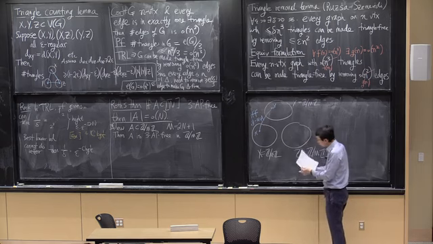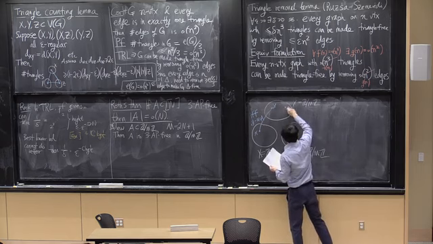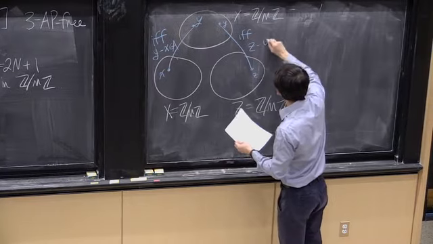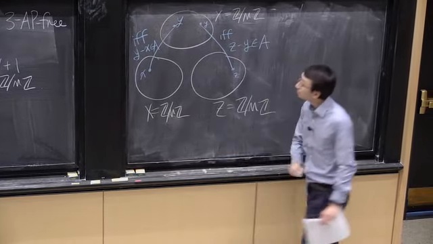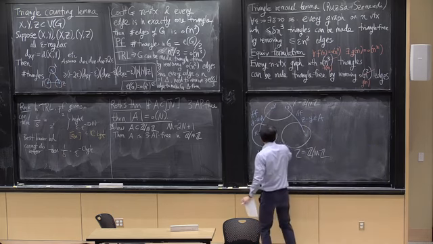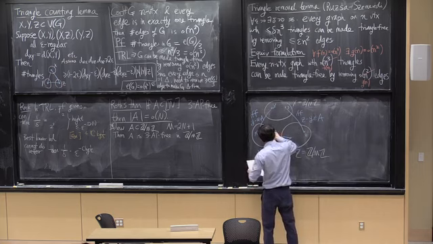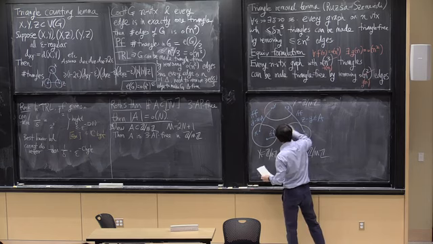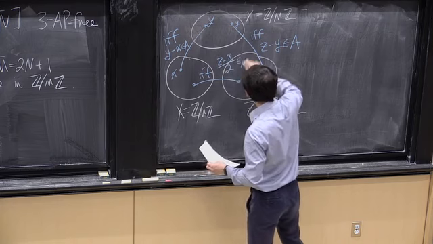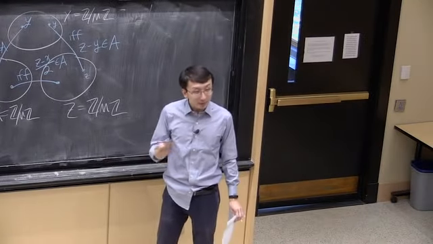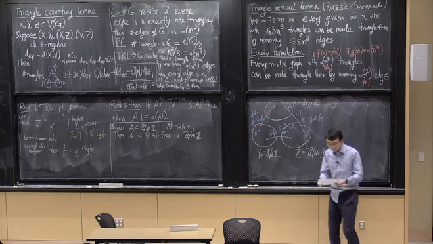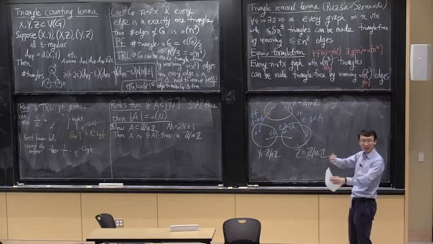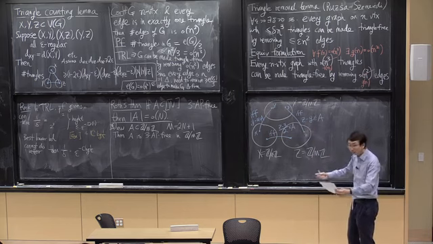So let me put in an edge between y and z if and only if z minus y is an element of A. And for the very last pair, it's similar but slightly different, I'm putting that edge if and only if z minus x divided by 2 is an element of A. Because we're in an odd cyclic group, I can divide it by 2. Okay, so this is a graph. Starting with a set A, I give you this rule for constructing this tripartite graph.